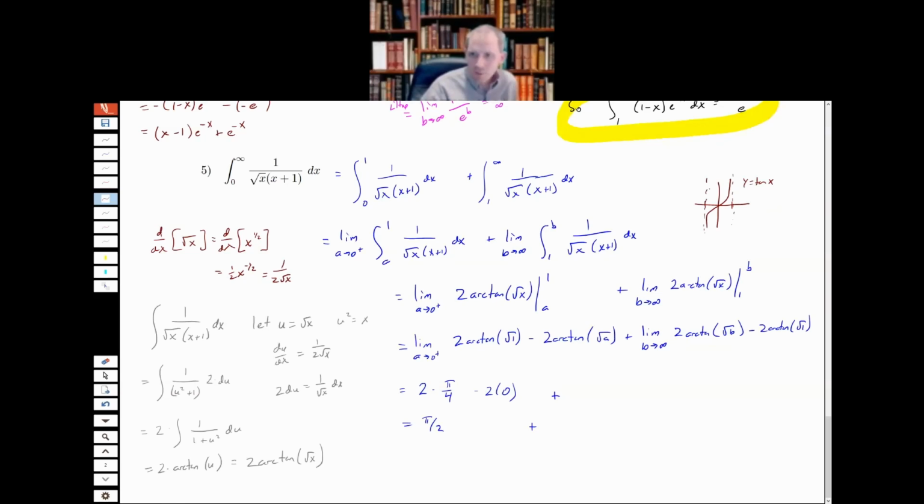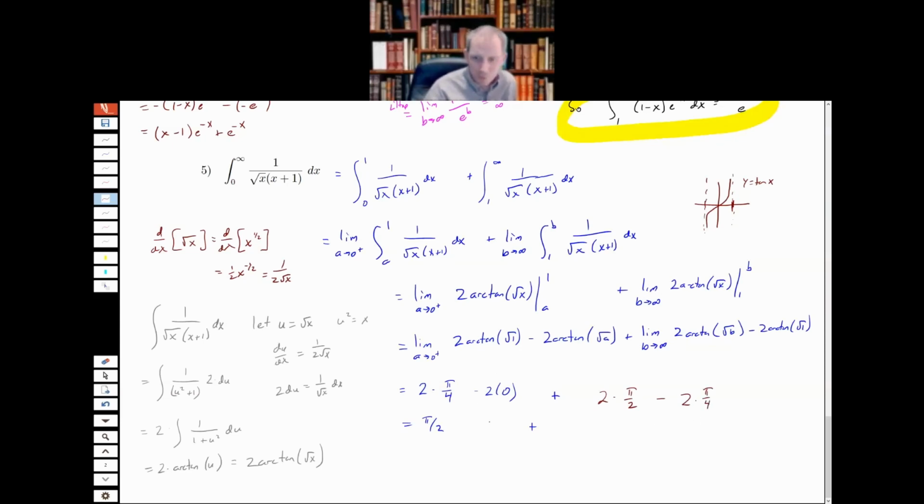You're plugging in y values and finding the x. So if I want to say what happens as my y value goes off to infinity, following this graph, the x value is going to approach pi over 2. And arctangent of 1 we said was pi over 4.